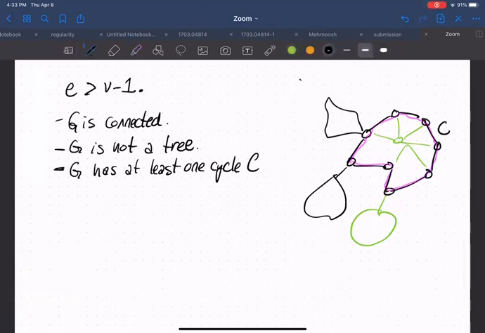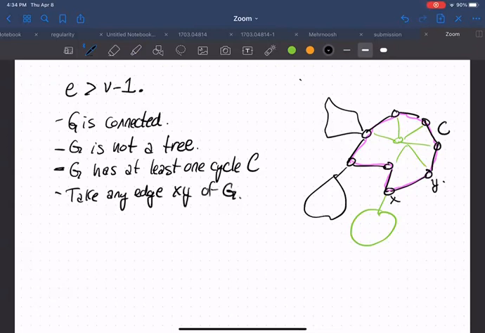Now, take your favorite edge of that cycle. Let's take this one. So there's this edge of the cycle, the edge xy. Now, look at what's happening just around that edge.